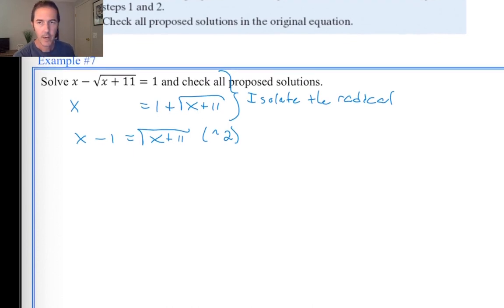On the left-hand side of this equation, I should be doing x minus 1 in parentheses times x minus 1 in parentheses, FOIL, combine like terms. If you go through that process, you should get x squared minus 2x plus 1. And on the right-hand side, squaring and square rooting cancel each other out, leaving us with x plus 11.